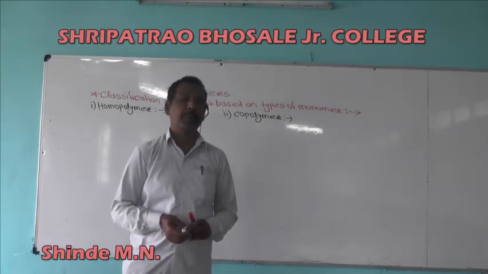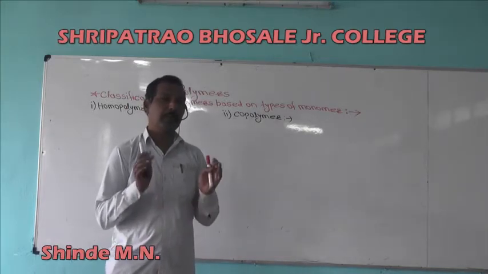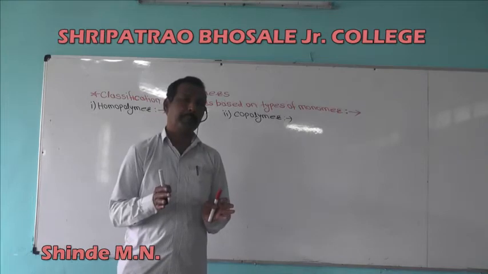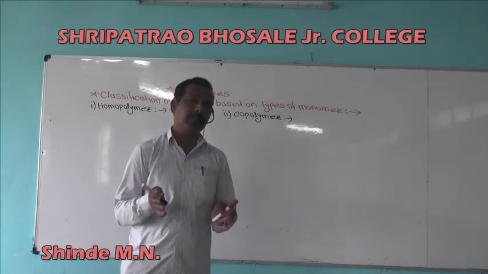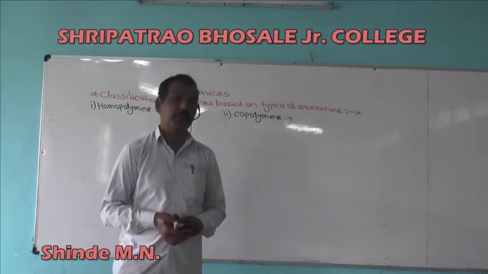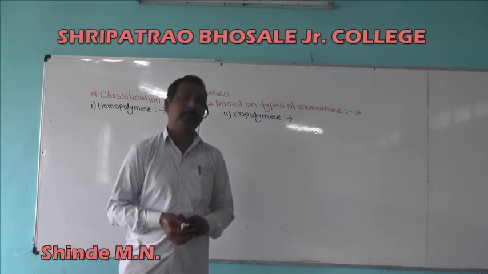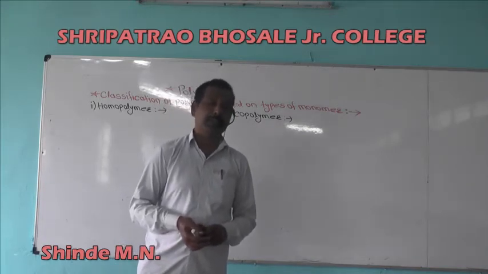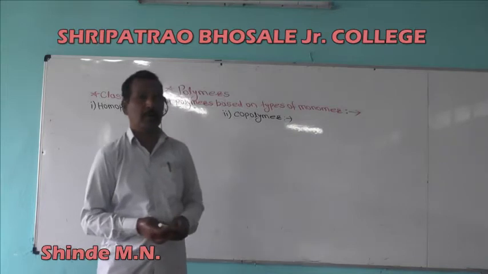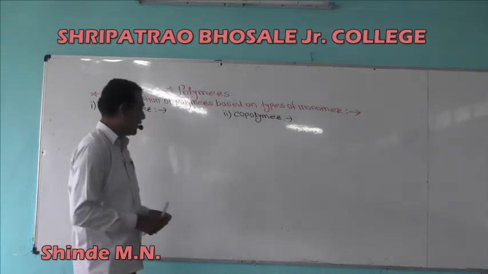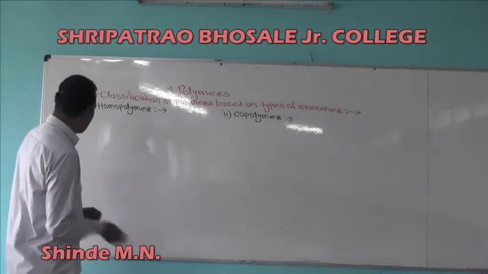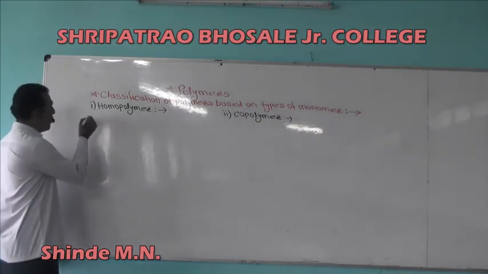So by using only one type of monomer, the polymer is formed, then it is known as homopolymer. For example, polythene, that we have already seen. Polythene is an example of homopolymer.